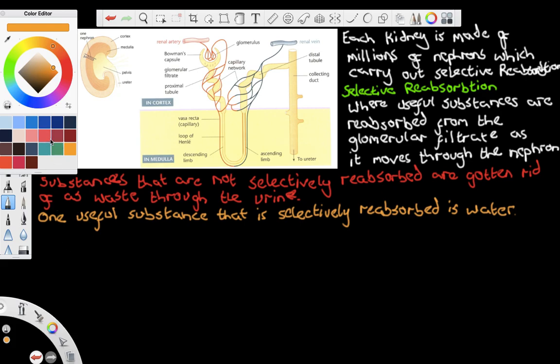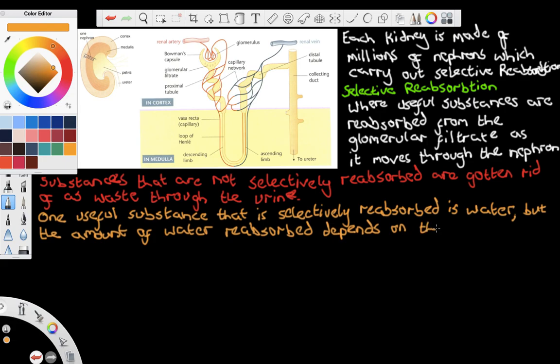So we can say that one useful substance that is selectively reabsorbed is water, and we'll put a comma, but the amount of water reabsorbed depends on the water potential of the blood.